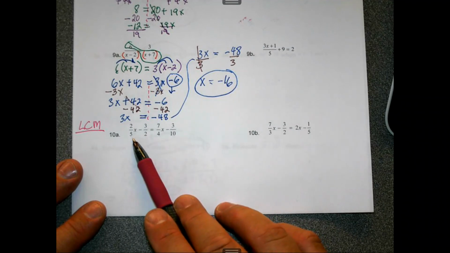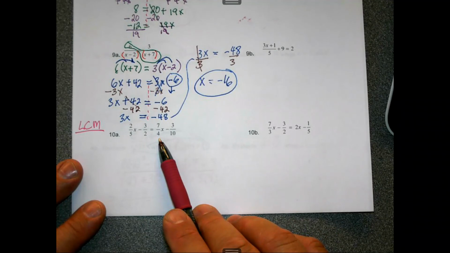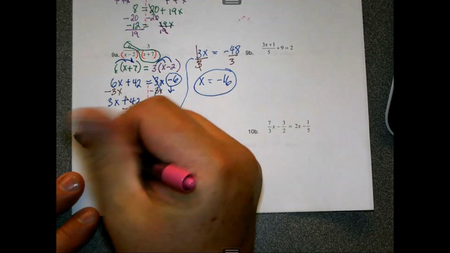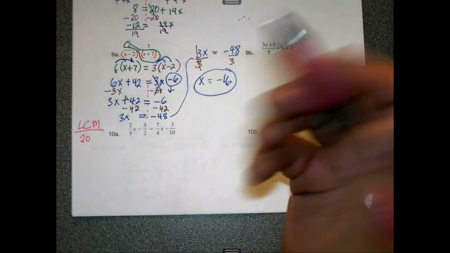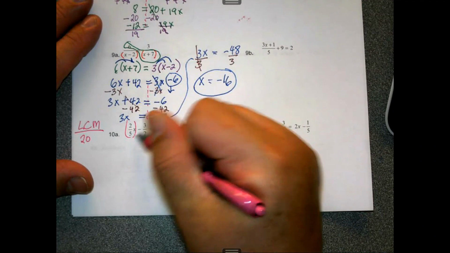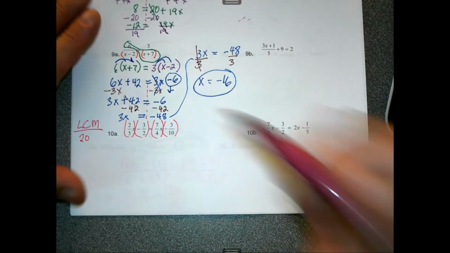Does 5 divide into 20? 2 divide into 20? 4 divide into 20? It's my little shortcut. Not much of a shortcut, but so I'm going to multiply every fraction by 20.